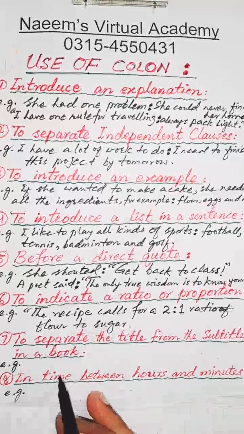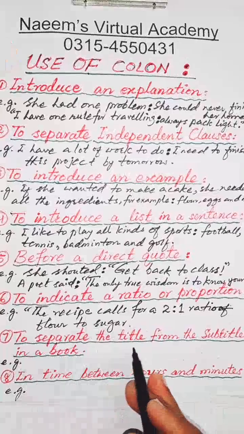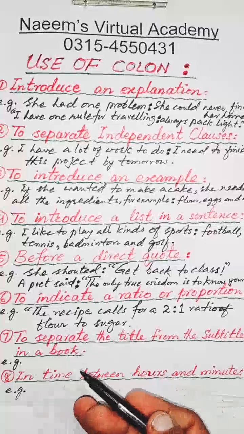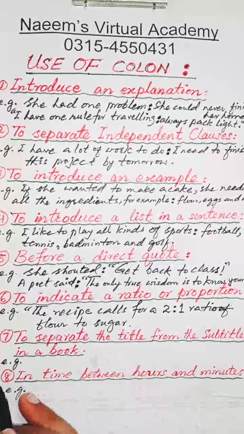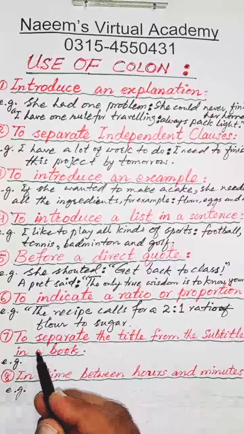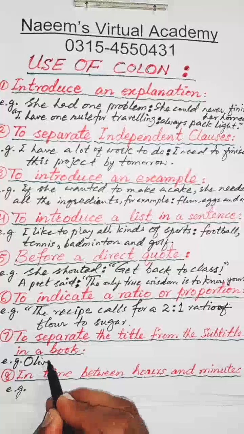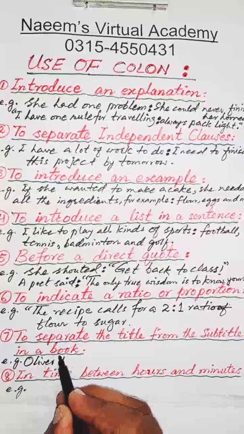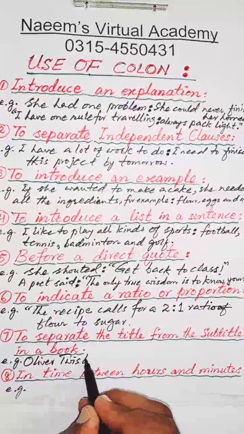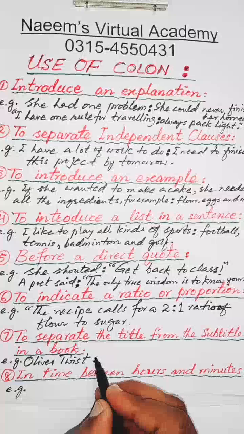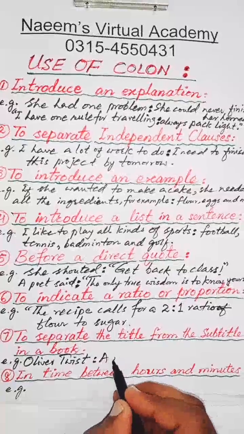Number 7, use of colon, to separate the title from the subtitle in a book or novel or any literary work, right? You can write like this: Oliver Twist, colon, a novel by Charles Dickens.